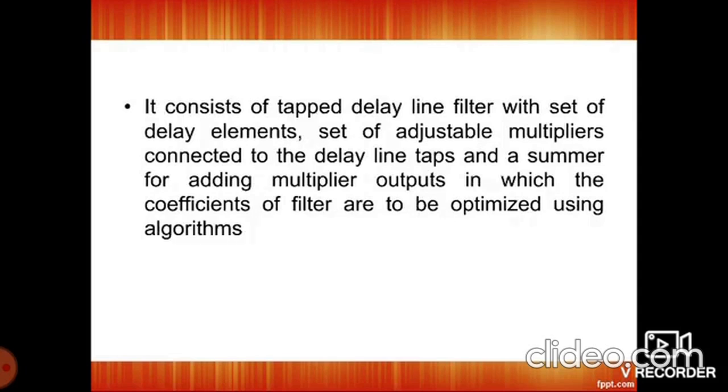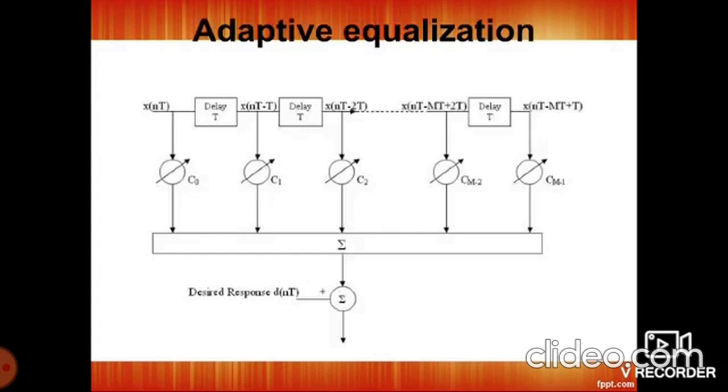It consists of a tapped delay line filter with a set of delay elements. This set is adjustable through multipliers connected to the delay line taps, and a summer for adding the multiplier outputs. So this is the diagram for adaptive equalization. It has the tapped delay line with coefficients C0, C1, C2, up to C m minus 1, and x n of t is the digitized input signal.